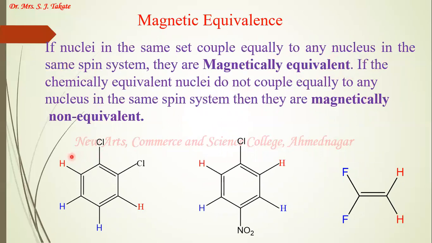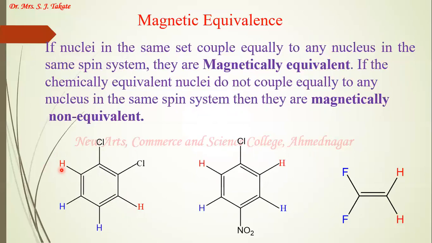Now let us consider this hydrogen and this another hydrogen, both these red hydrogens. Look at their chemical surrounding. They are chemically identical protons, chemically equivalent protons. But now we have to check whether they are magnetically equivalent or non-equivalent.